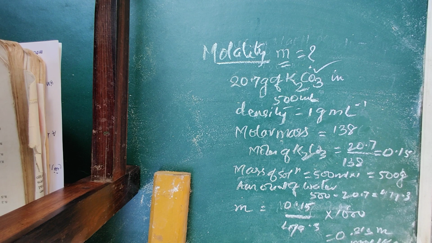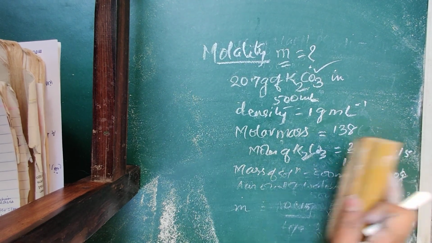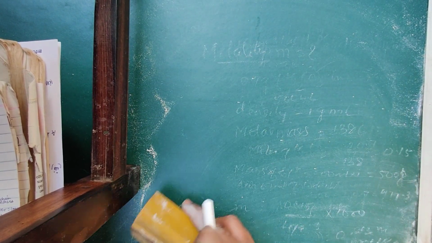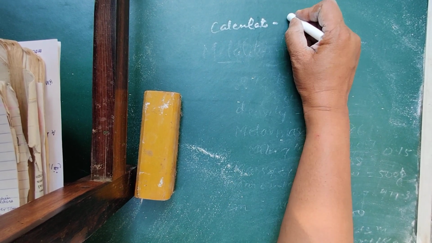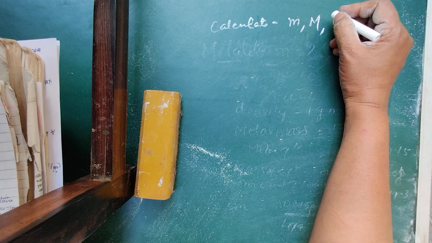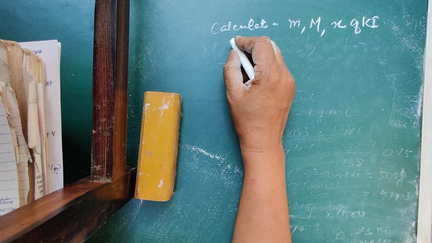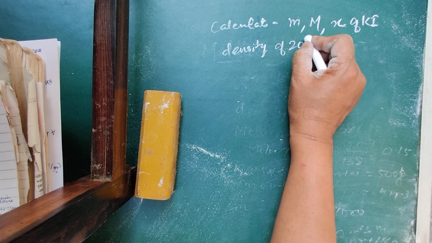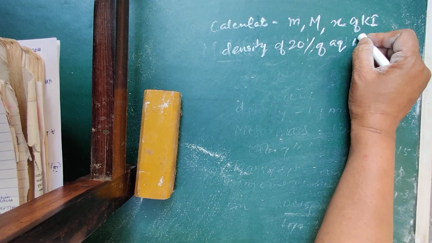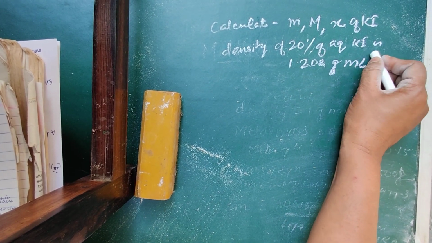Now if all the things are given, to calculate the molality and mole fraction also, then the question is: calculate molality, then mole fraction of KI, density of 20% of aqueous KI is 1.202 gram per milliliter.